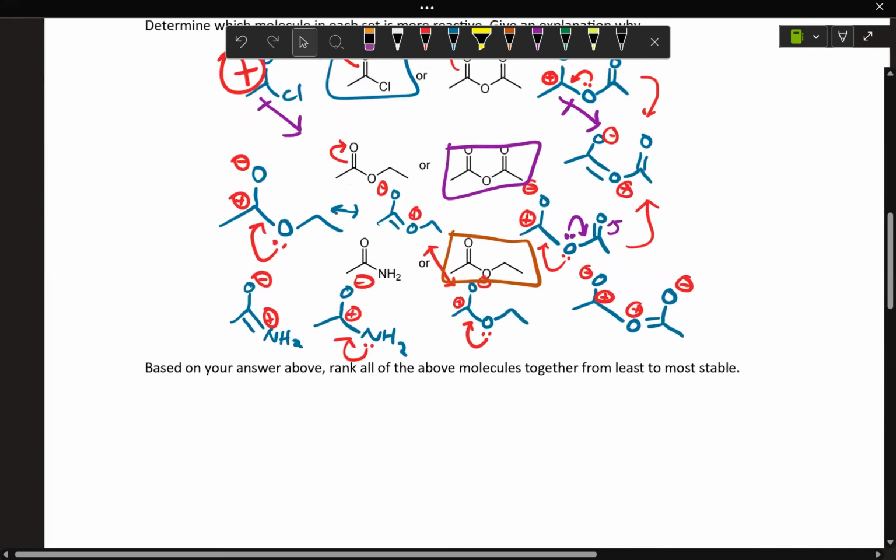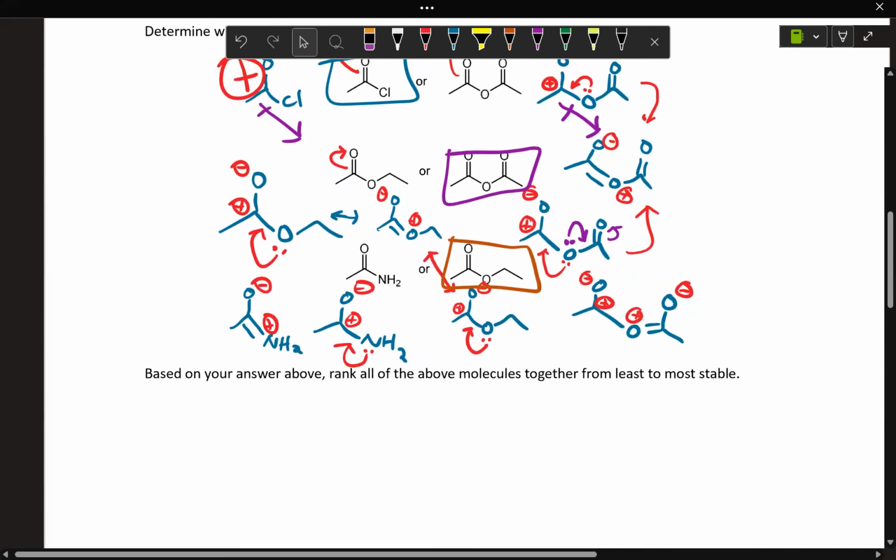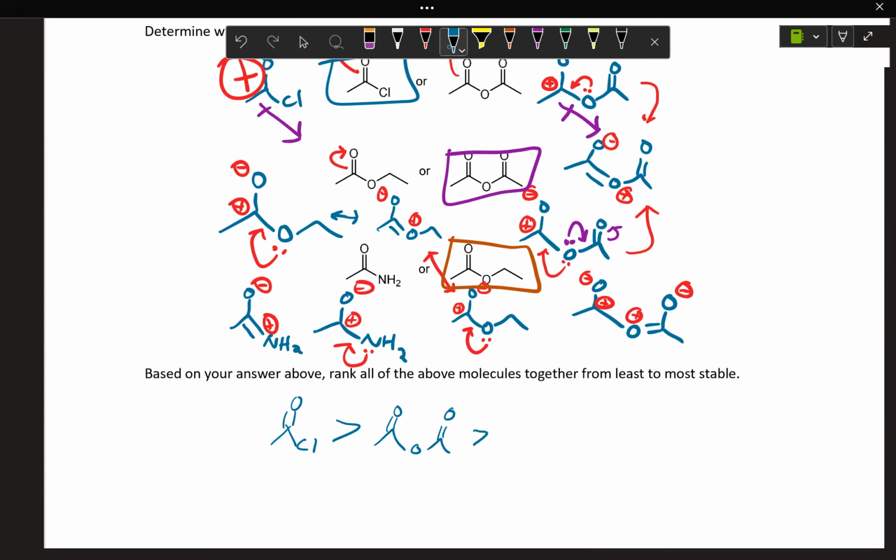Based on your answers, rank them. Since we already relatively ranked each of the groups, we can just put them all on one list. The acid chloride we said was more reactive than an anhydride. And then we said an anhydride was more reactive than an ester. And then an ester we said was more reactive than an amide.